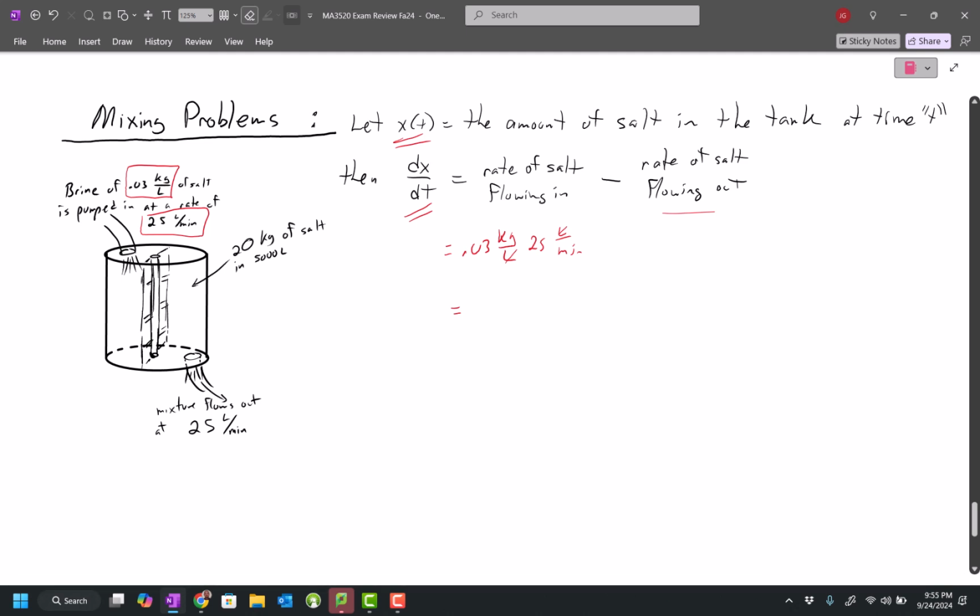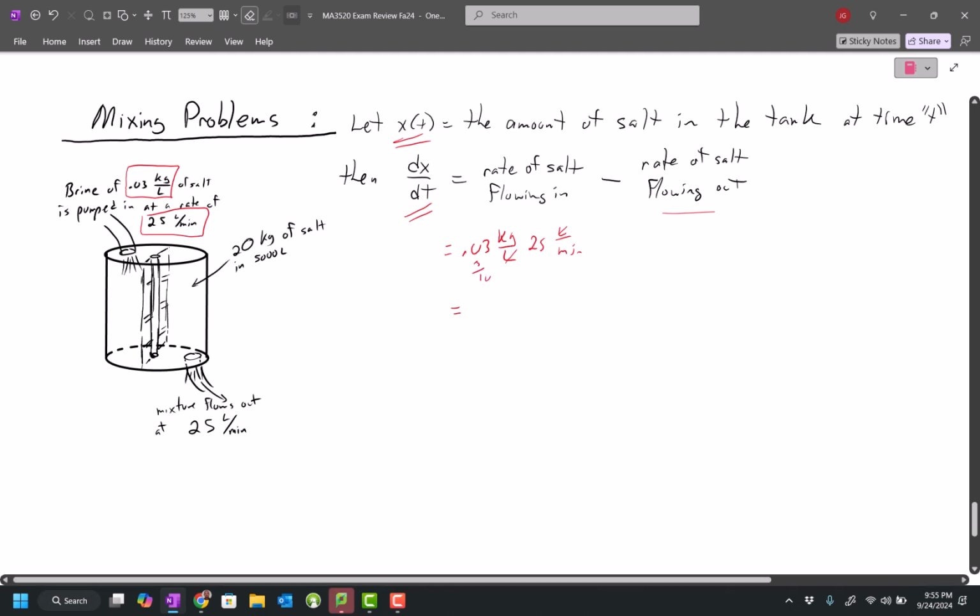In this case, if we wrote 0.03 as 3 over 100, we could then simplify by multiplying through that by 25 to get 3/4 kilograms per minute.